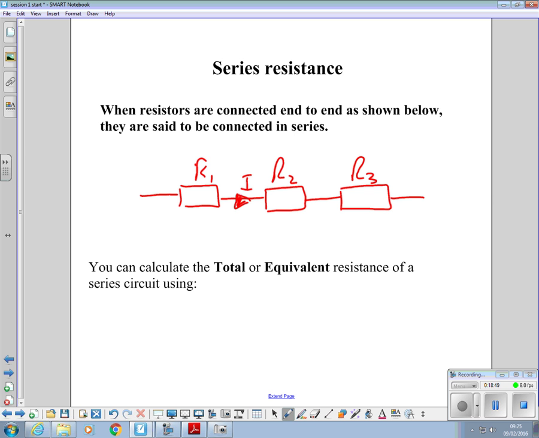So the same current flows through a series combination of resistors. And you calculate the total, we usually call it RT, and we say that's R1 plus R2 plus R3, and we can carry on using that for Rn resistors. Any number, just add them all together. Again, we need to use the multiples and submultiple notation if appropriate. So series resistors, just add them up.